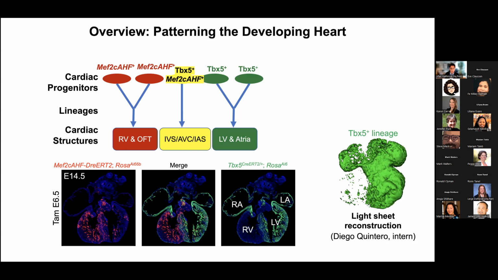The cells I'm going to show in the next slide, these yellow cells, which are going to be represented as red, are really the overlap of both the green lineage in this slide and the red lineage. And so the double positive cells represent the boundary front, which is depicted here in this reconstruction.